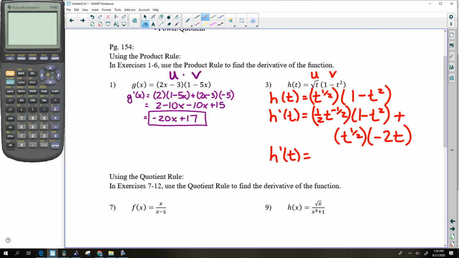I don't know how much cleanup they really want here. So this is 1/2 t to the negative 1/2 minus 1/2 t, multiply means add, so that's 3/2. And then this is going to be minus 2, multiply means add, t to the 3/2.